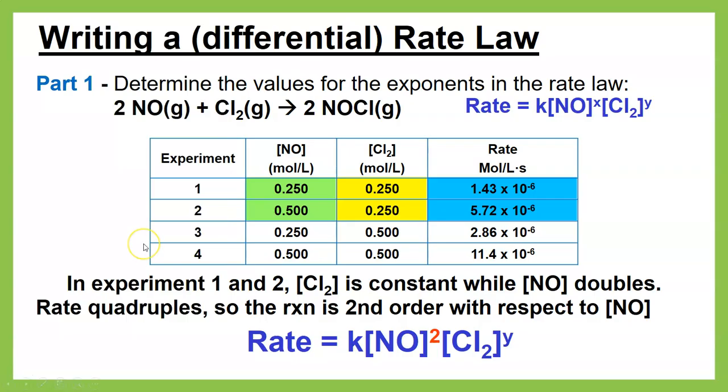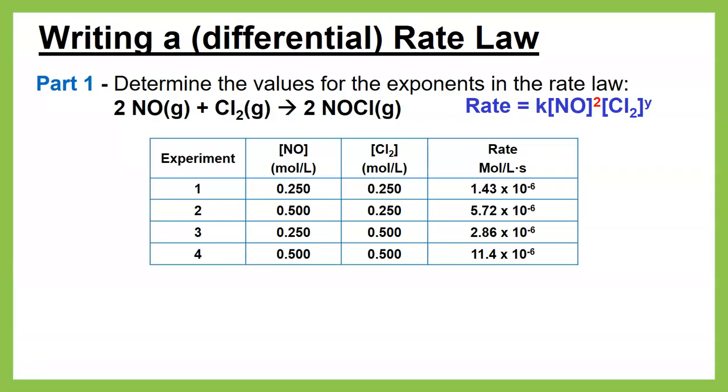Change in concentration doubled, rate quadrupled, therefore the order must be second order. Now we can try to figure out the other one. So if I look, experiments 1 and 3 were used because this is held constant and now this doubles.